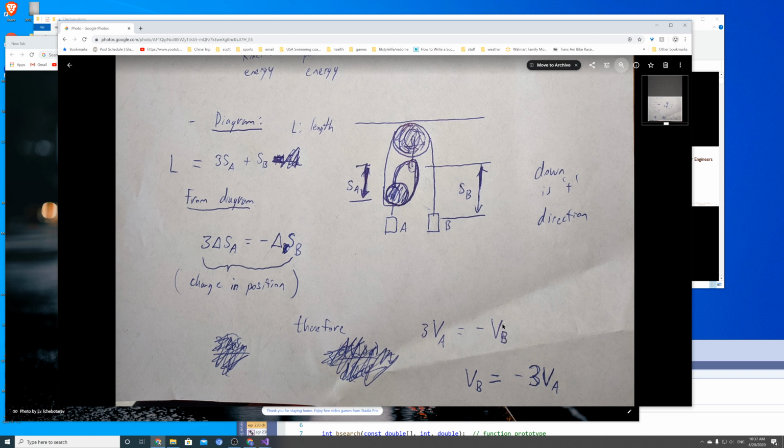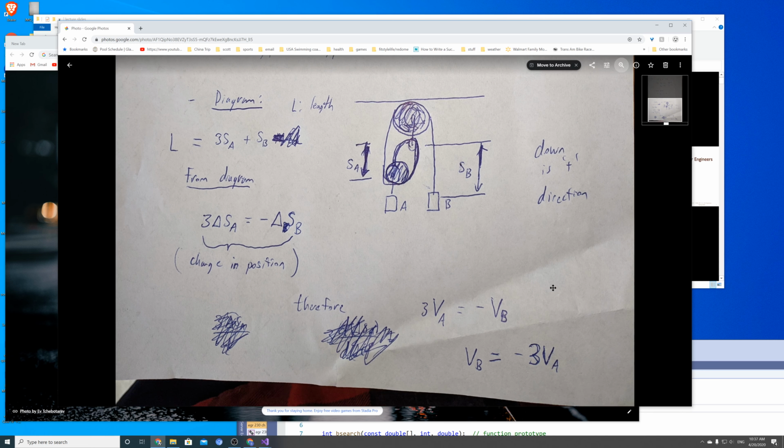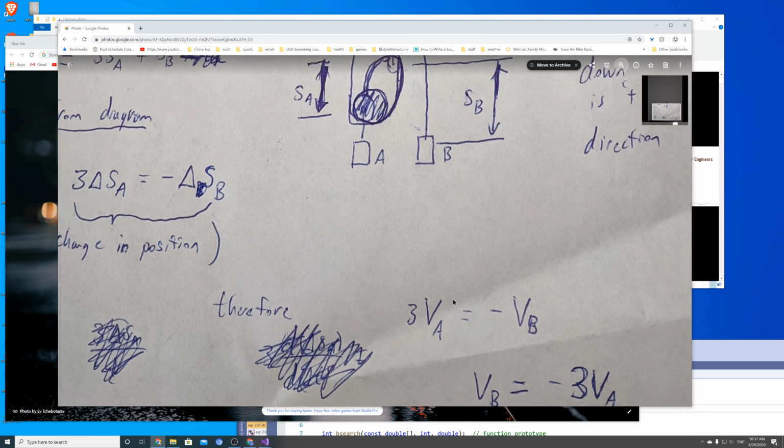One's going one way, one's going the other. We'll say that it's negative. If we were just looking at magnitude, it'd just be 3 times it, but it also has direction associated with it. So one is the negative of the other. So what we can say is VB is equal to minus 3 times VA. So we're saying that going down essentially is positive for VB.